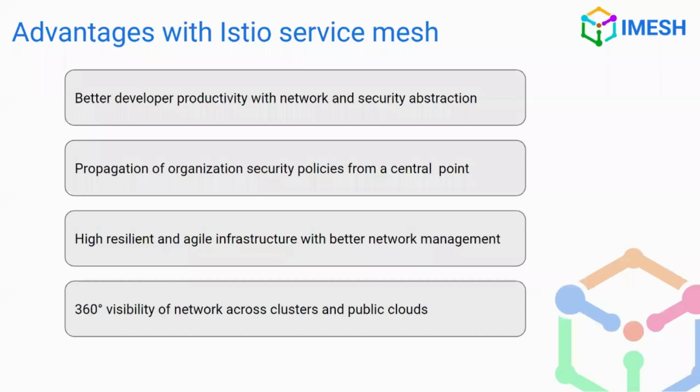Similarly, one more important thing is observability. Istio's service mesh architecture provides observability features like metrics, tracing, and logging, which help in understanding the behavior of the microservices. It also supports integration with third-party observability tools like Prometheus, Grafana, or Kiali.